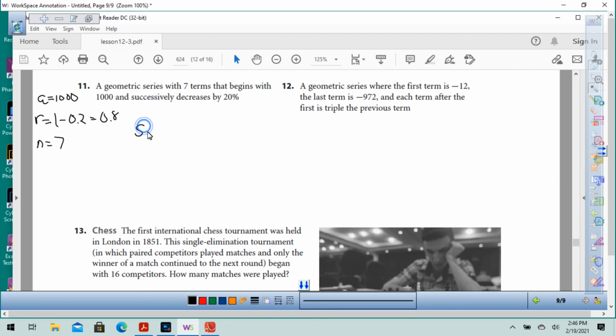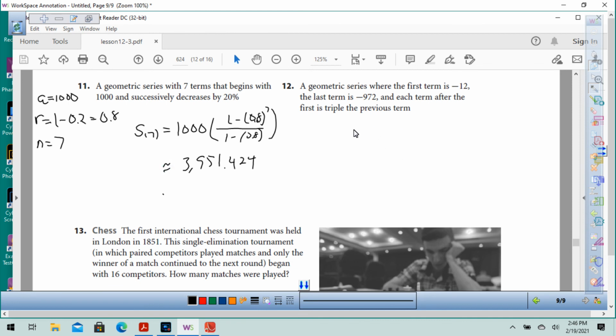So we're going to have s sub 7 equals 1,000 times 1 minus 0.8 to the 7th power, over 1 minus 0.8. And that's going to be 3,951.424. That's really an approximation. All right, good deal.